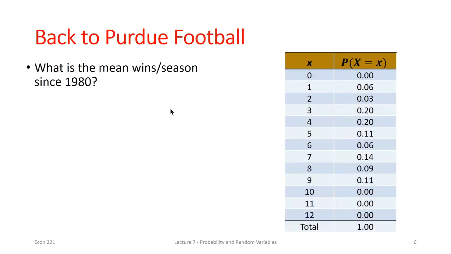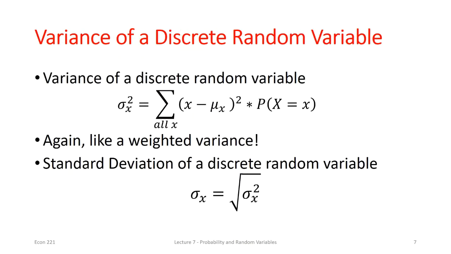So what if I wanted to find the variance? I'll take each outcome, I'll subtract that expected value or mean that I found for my discrete random variable. I'll square that deviation and then multiply it by the probability that I saw that outcome for x. So it's identical to what we did with weighted variances. It's just now we don't have a denominator.